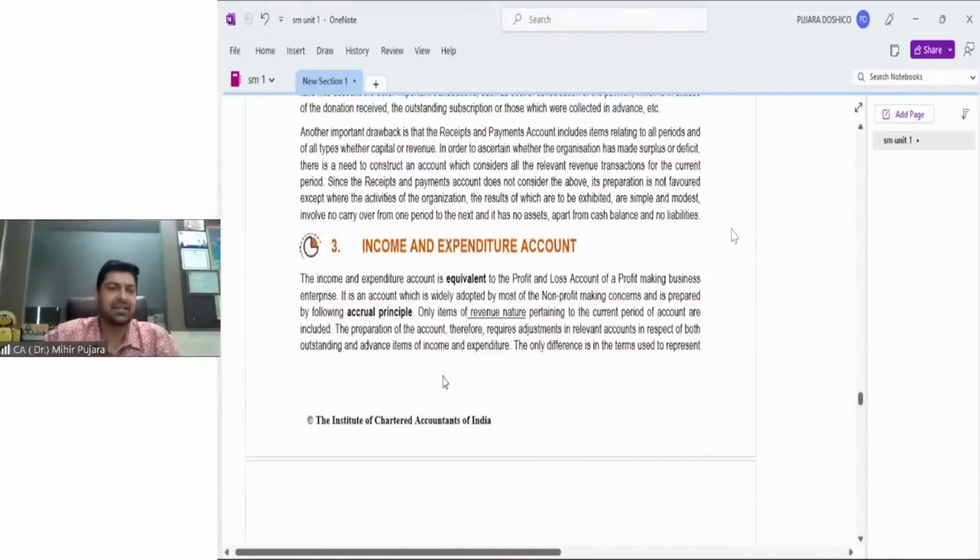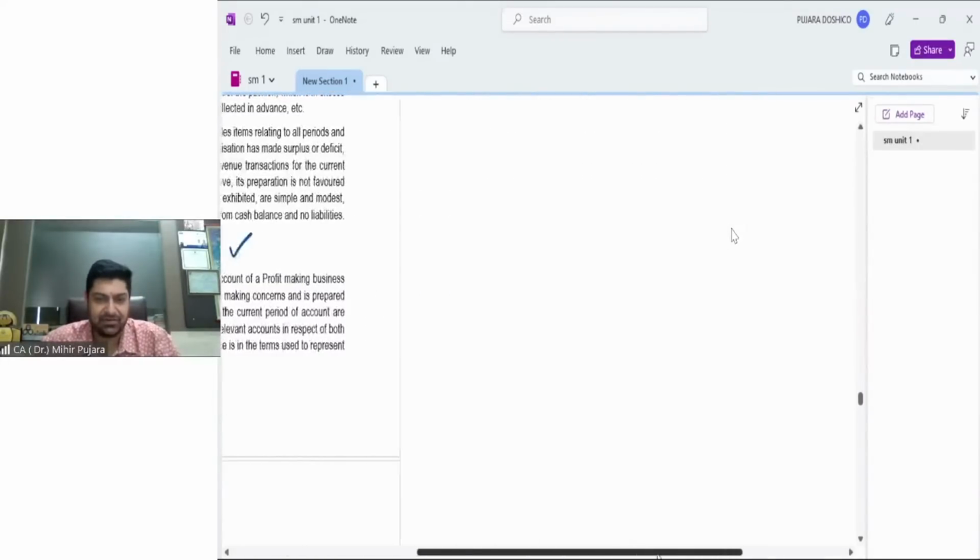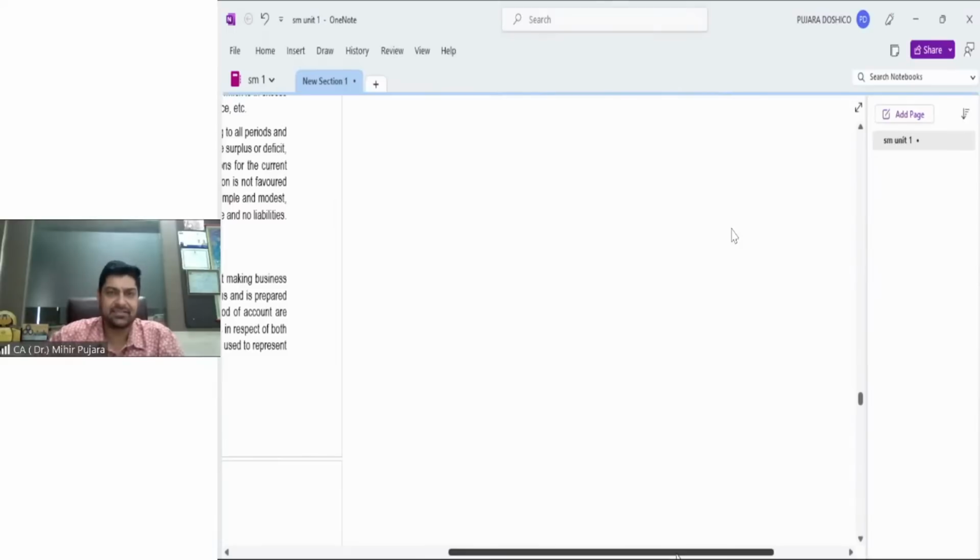Now let's start with the income and expenditure account. Please guys, be very careful now. It is same as profit and loss account.